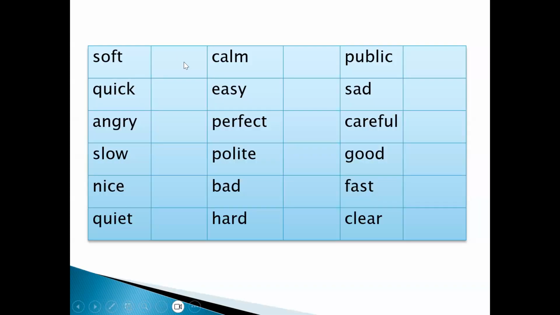Okay, class. We're going to practice here. Soft, softly. Quick, quickly. Angry, angrily. Slow, slowly. Nice, nicely. White, whitely. Calm, calmly. Easy, easily. Perfect, perfectly. Polite, politely. Bad, badly.